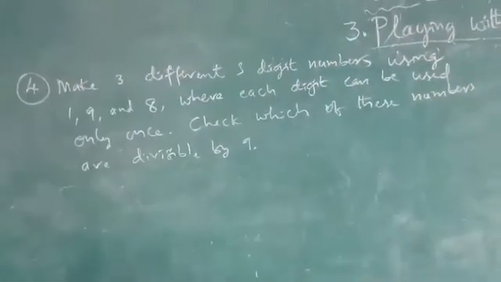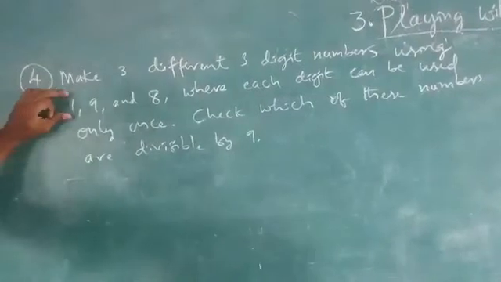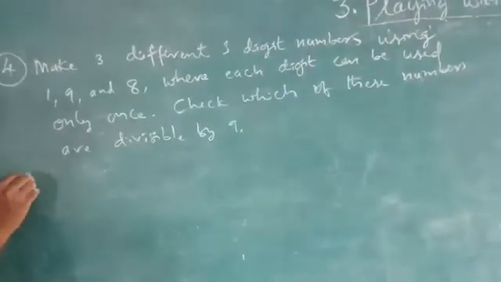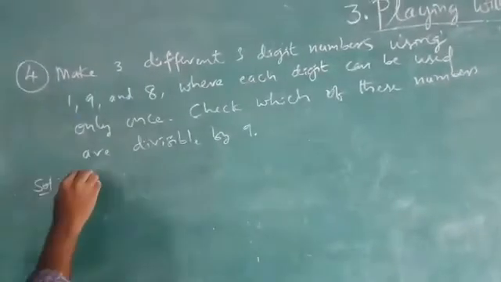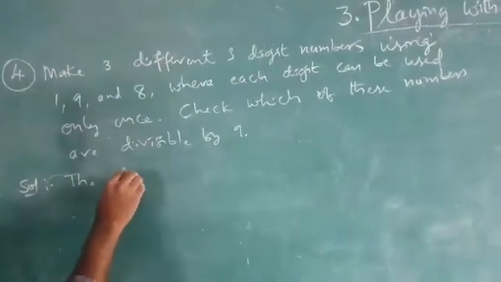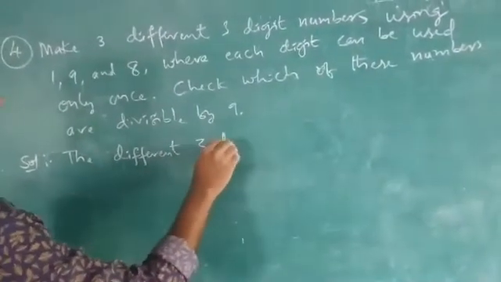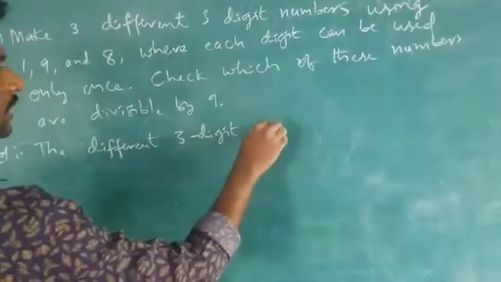So what is it saying, children? You have to make three different three-digit numbers using 1, 9 and 8. I will write the different three-digit numbers here.